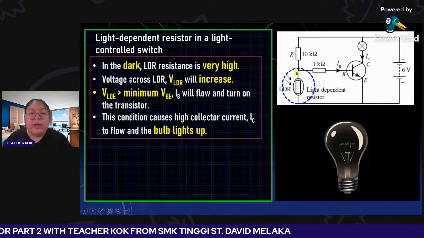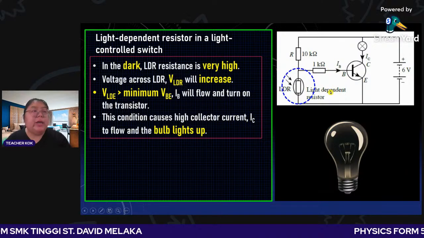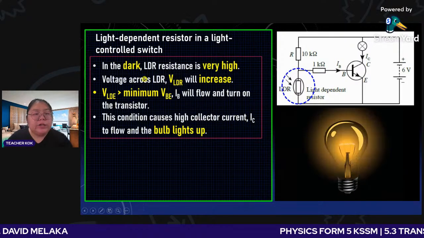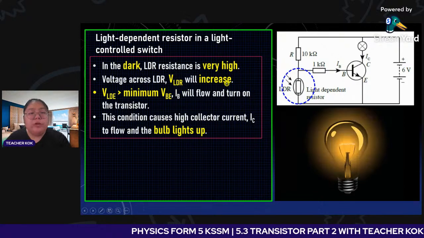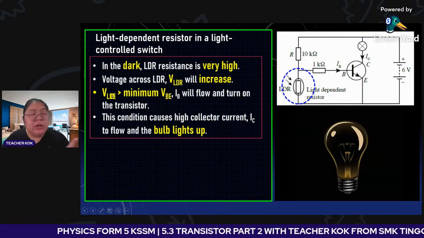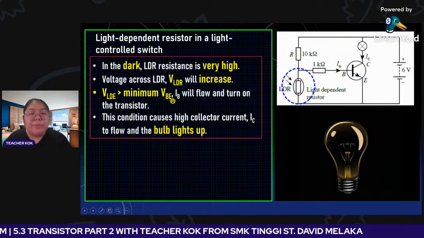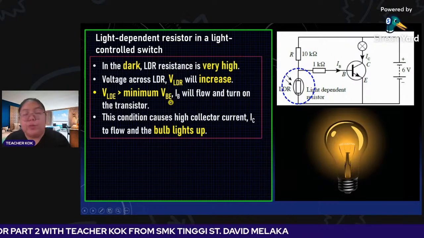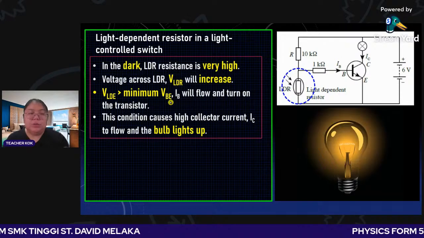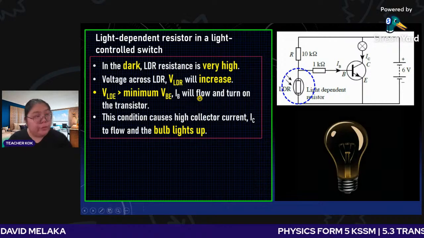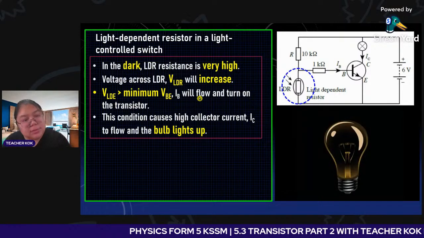When the LDR resistance is very high, the voltage across the LDR increases. When the LDR voltage is more than the minimum VBE, meaning more than the junction voltage, base current will flow to turn on the transistor.